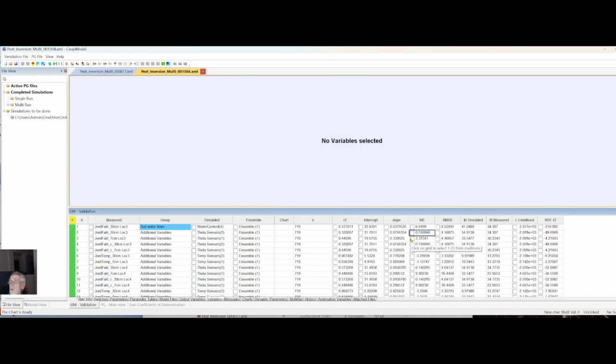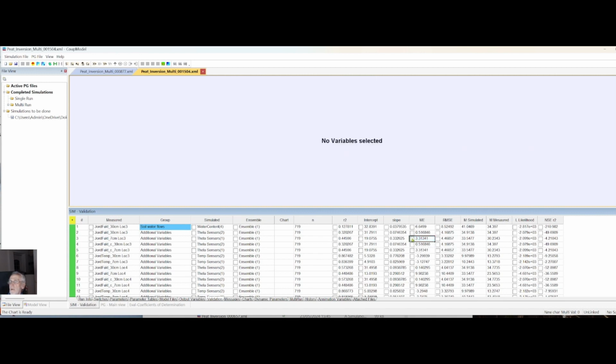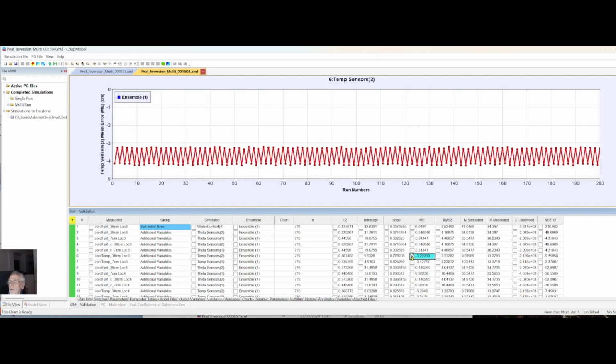If I look to the theta sensor in the top, they are all overestimation, but still not that big as we had before. So it looks like we have made a type of progress. We can also look to the temperature, and at first 30 centimeter we see that we are still minus 3 degrees.